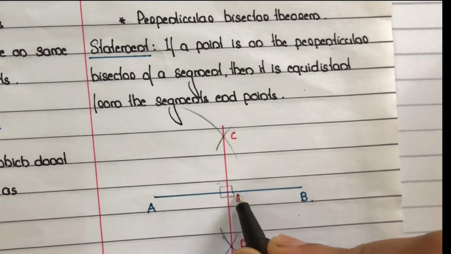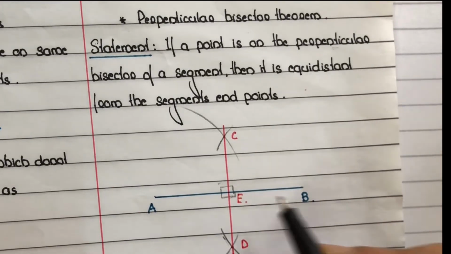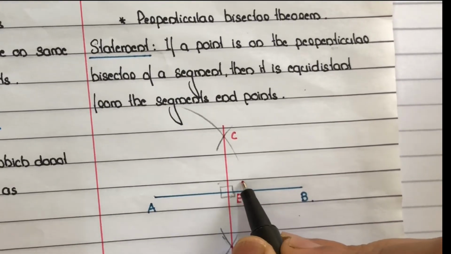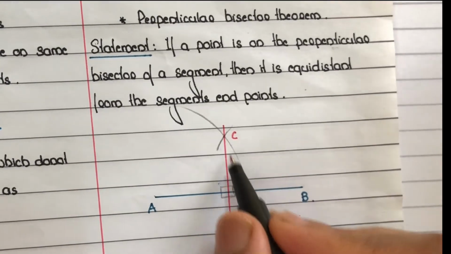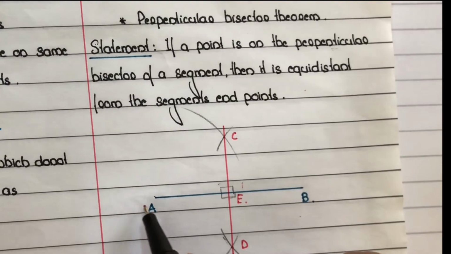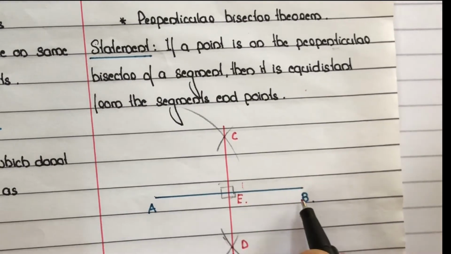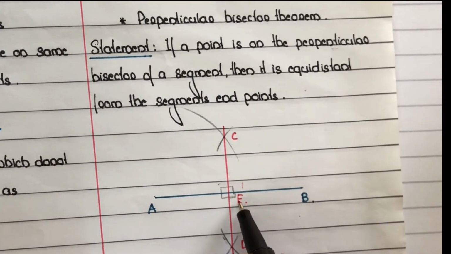Let this point be E. Perpendicular bisector means this whole angle will be 90 degrees and this line CD cuts AB into 2 equal halves, right? That is AE equal to EB.